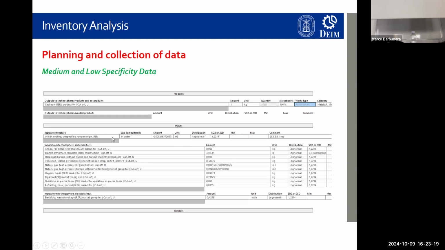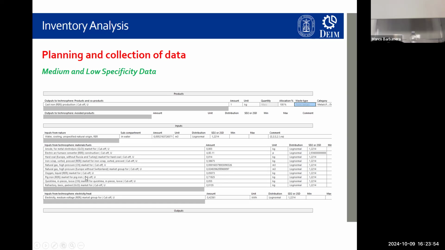Then you have other input data for this process. For example, in this long list, you have the consumption of natural gas, high pressure, 0.001 cubic meter. You have the consumption of liquid oxygen, 0.05 kilograms, and so on.